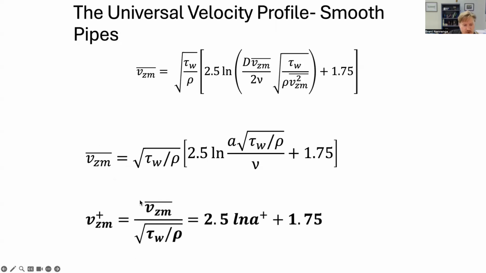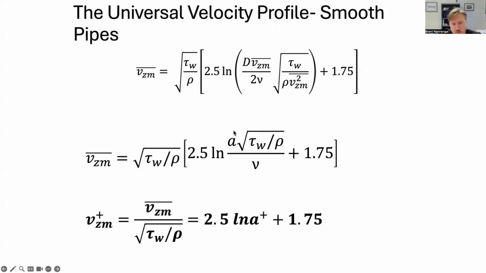So just like before, we now have this equation here that can relate dimensionless mean velocity, again using this term here, which we call friction velocity. This comes up over and over again, our square root of tau at the wall over density. It relates our real mean velocity to this dimensionless mean velocity. So we can calculate dimensionless mean velocity by using this equation here, 2.5 ln a plus. This right here is a plus.